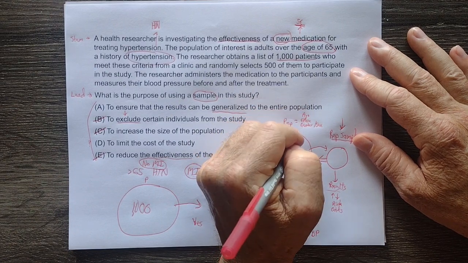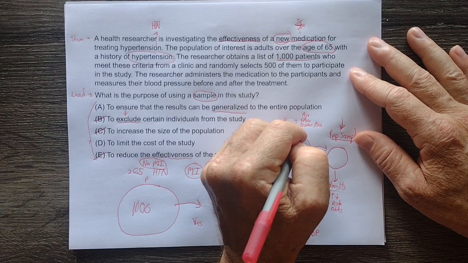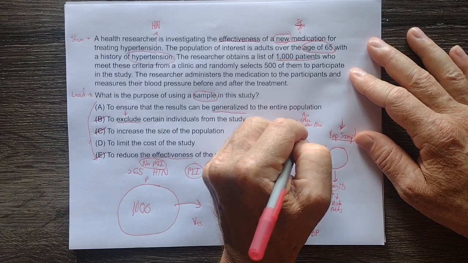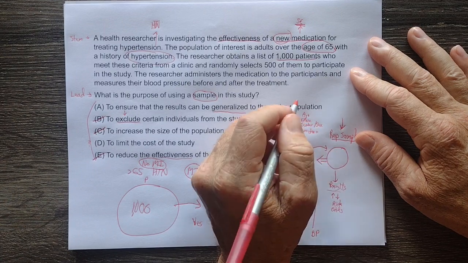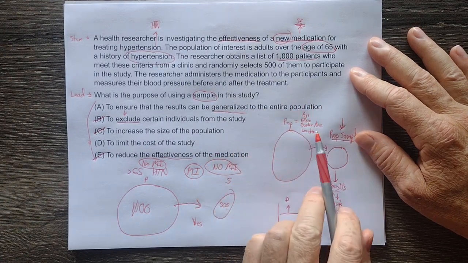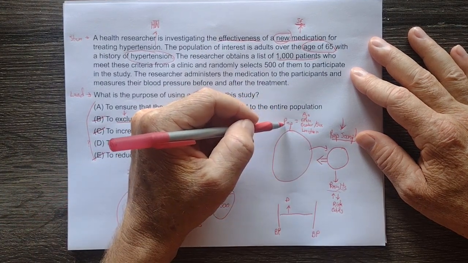Maybe the 1,000 people were from a certain region or location in the United States, because heart disease is higher in certain locations than in others. So there are all these characteristics about our population.